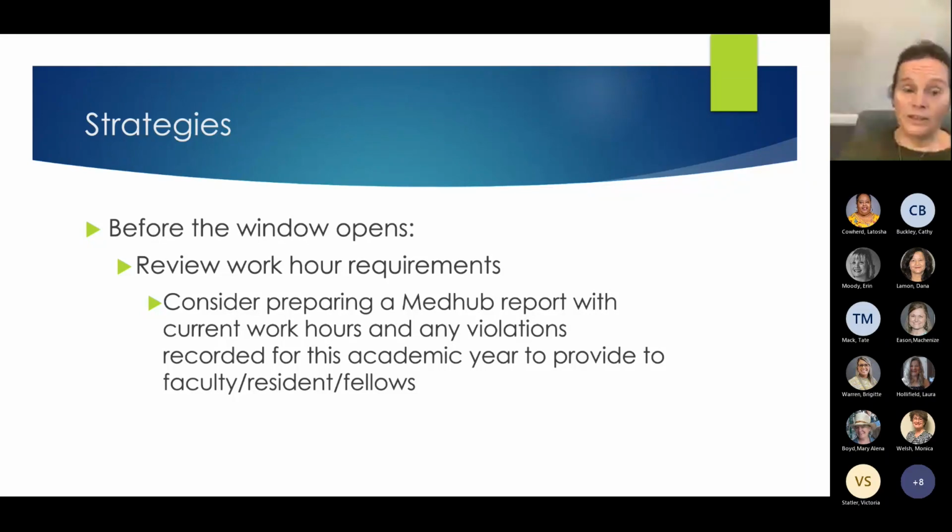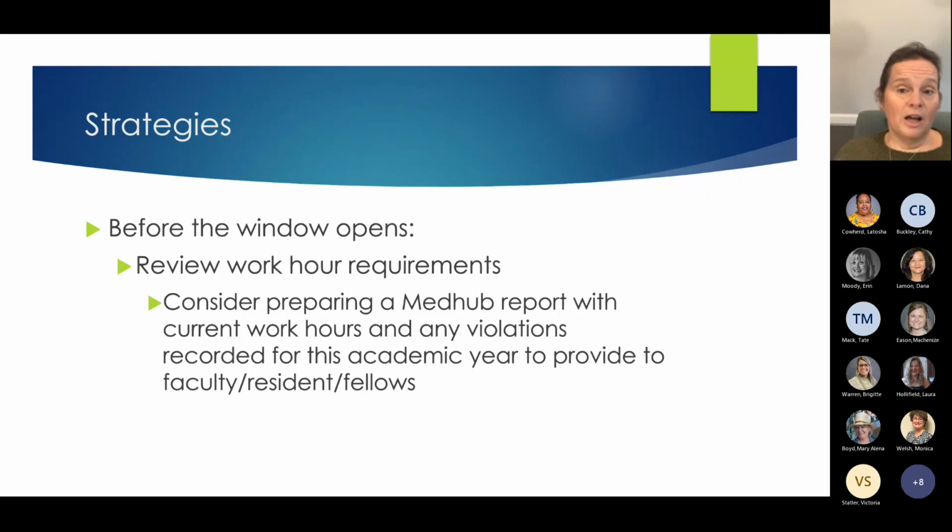So you may have a week that shows up in red on MedHub, but if you average that over the next week when you worked 40 or 50 hours, that's still less than 80 hours for that whole time frame. Or go through the 1 in 7 days off, so they know what those requirements are.